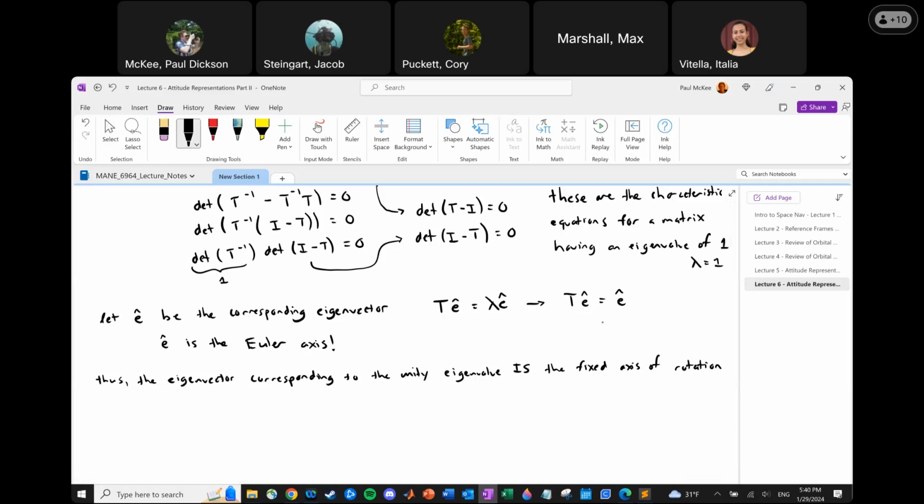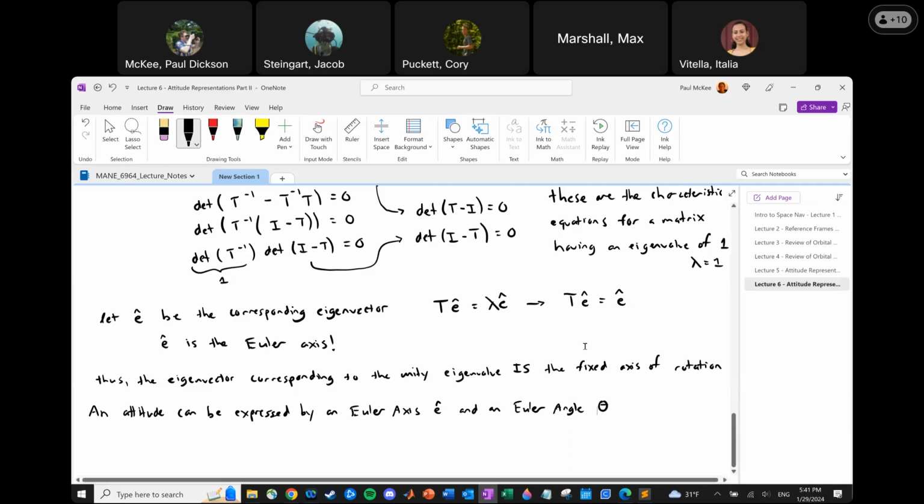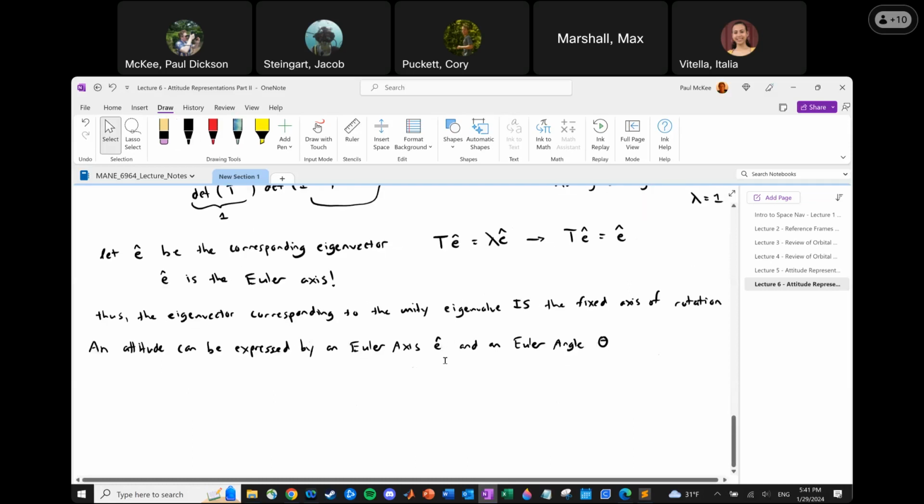An attitude, kind of what we were getting at before, an attitude can be expressed by an Euler axis E and an Euler angle theta. Now, here's a question. E has how many degrees of freedom? And theta has how many degrees of freedom?